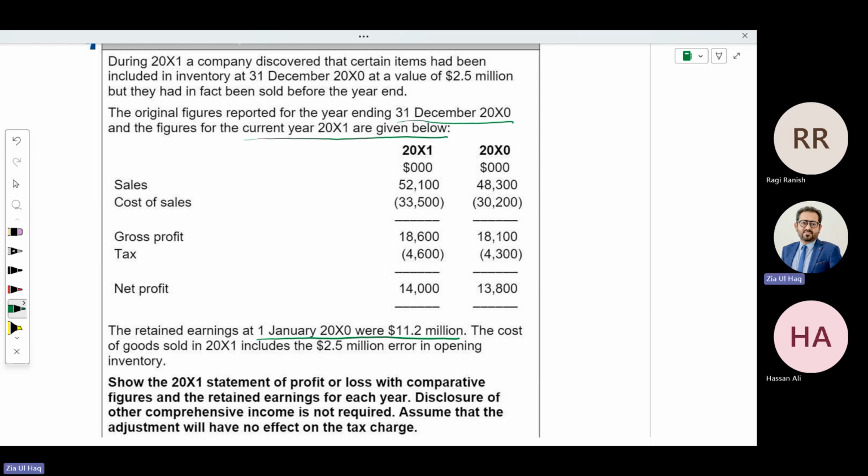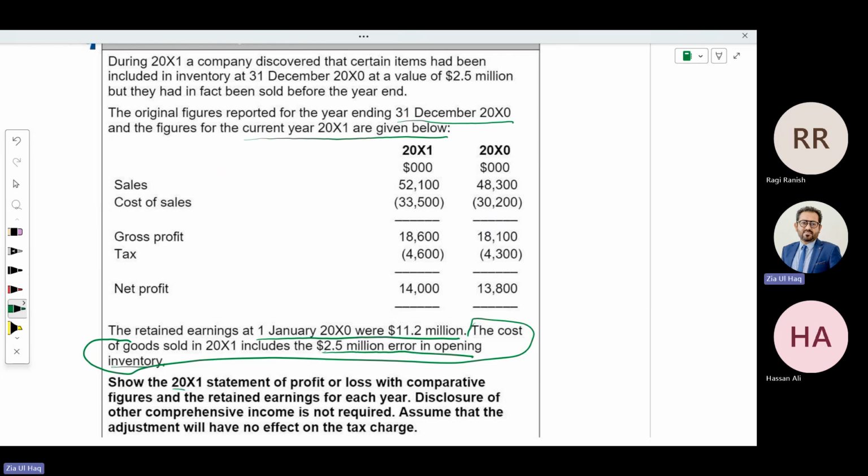The cost of goods sold in 20X1 includes a 2.5 million error in opening inventory. Obviously, even if they don't write down this sentence, we should be aware that if previous closing is overstated, current opening is also overstated. But they have made it clear: in current year, opening inventory is also overstated by 2.5 million.